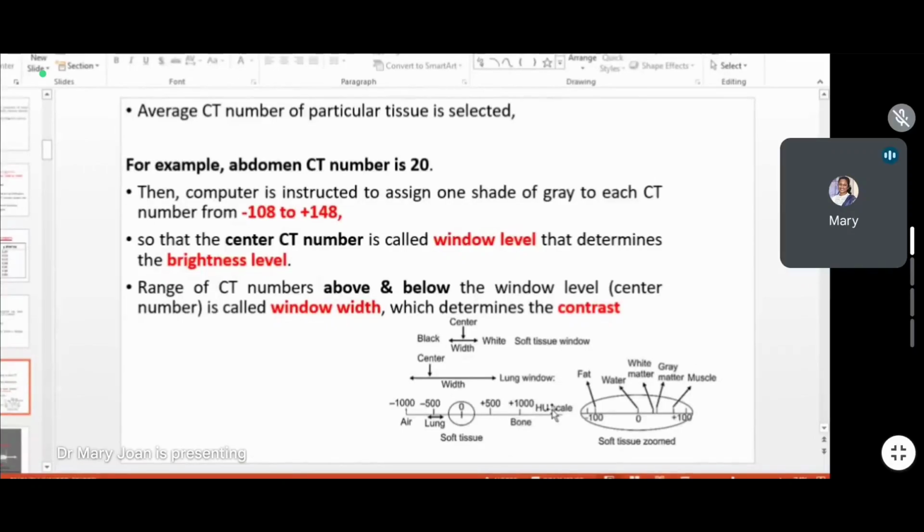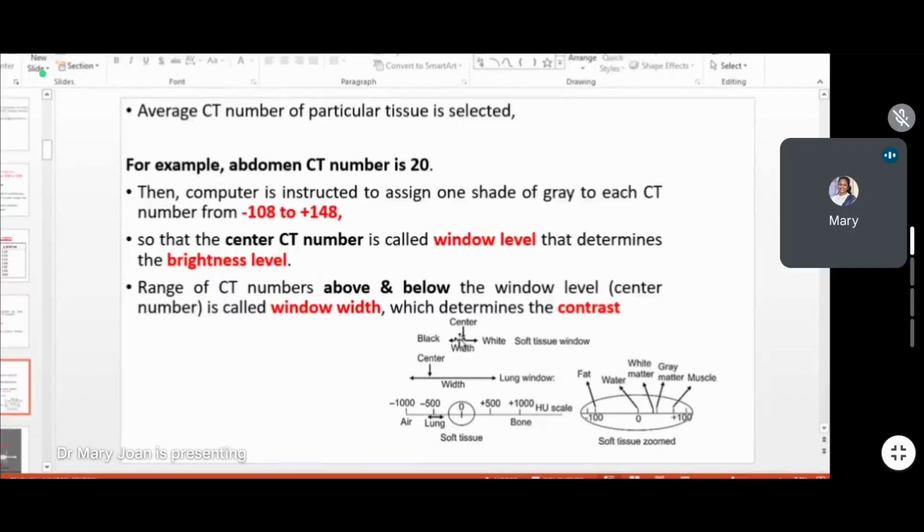So we have window level and window width. The window level is the center CT number, and the window width is the range from the minimum value to the maximum value.